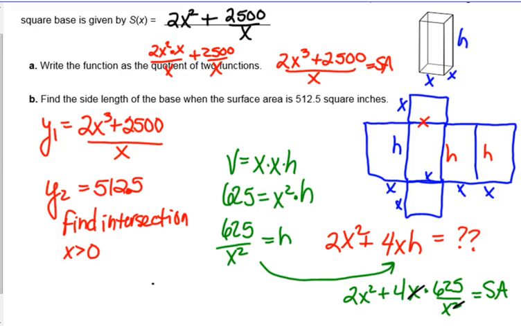I get 2 solutions. If I do intersection, I get an intersection at 12.5. The second intersection point is less than that, maybe 5, I don't know.